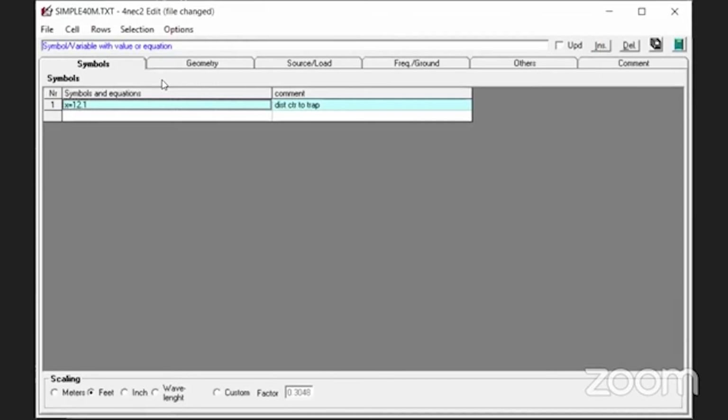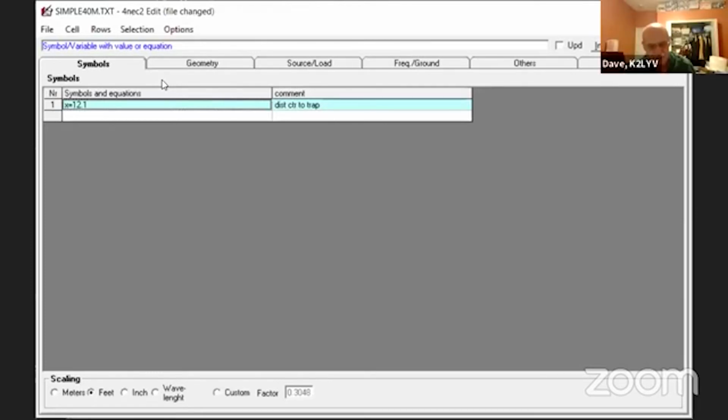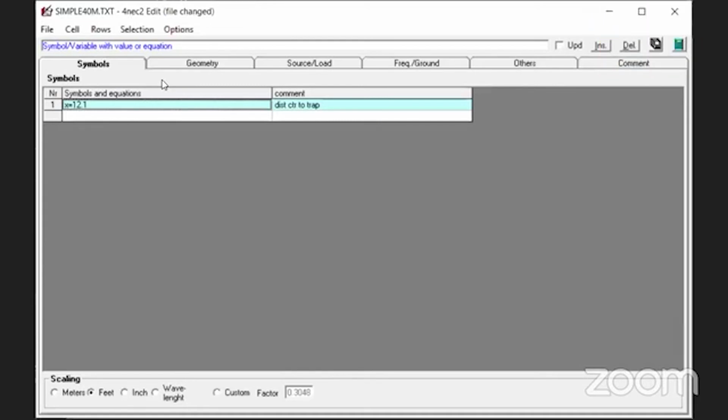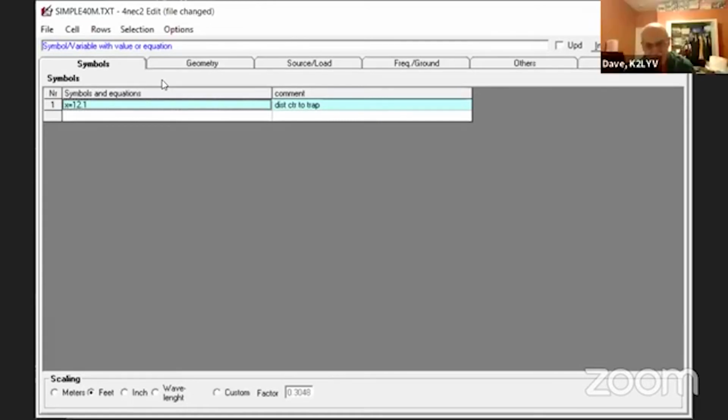Remember, almost all these programs work off the same core computational engine, the NEC2 is doing all the actual computation. So they only differ in how you put the input in and what output it displays. There is another core computation engine called MiniNEC.